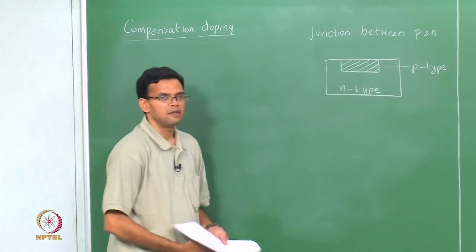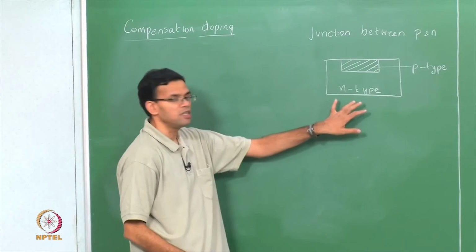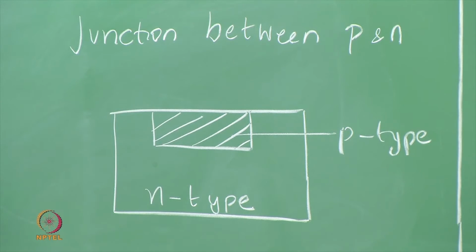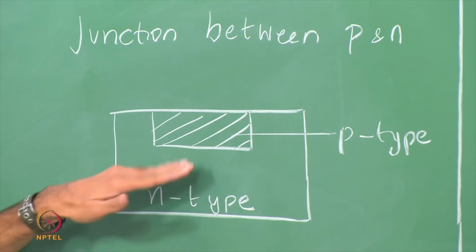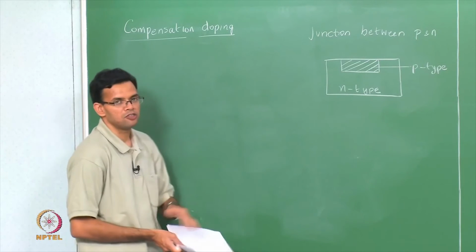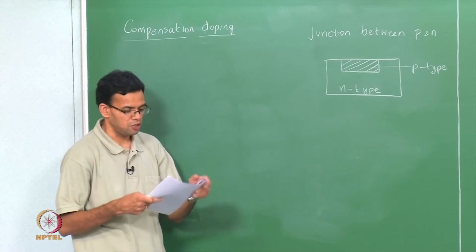We will see later that there are certain ways of doing this, but in this particular region you have both n type impurities and p type impurities, and we do it in such a way that the overall material is p type. So, this type of doping with both kinds of dopants is called compensation doping.